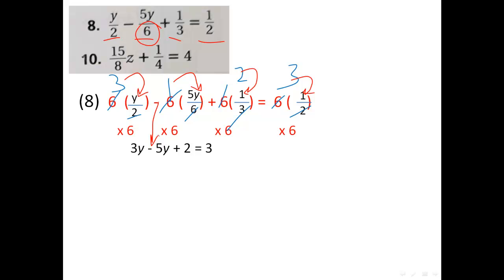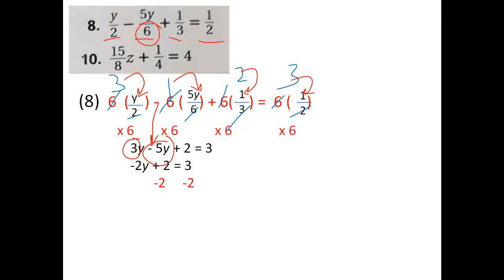3y minus 5y plus 2 equals 3. It's normal. First, we need to combine the like terms. Where are the like terms? 3y and negative 5y will be negative 2y, plus 2 equals 3. Remove the 2 by subtracting 2 from both sides.